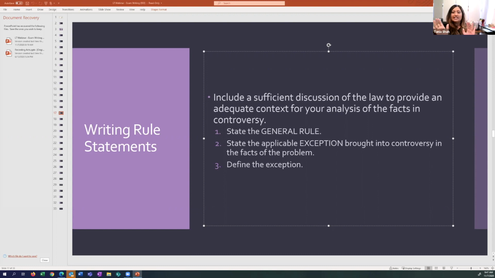Even though the issue you have to talk about most might be proximate cause, you want to at least make sure you put the whole rule in there. But on the flip side, as Professor Raposa was saying, if that is one of the major issues, you don't want to just talk a ton about the entire rule. You want to state the general rule and then narrow in on the particulars of your fact pattern.